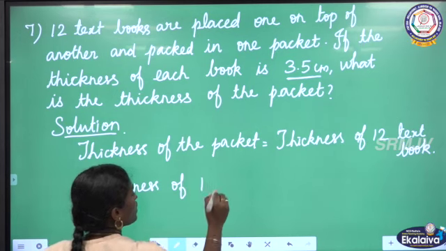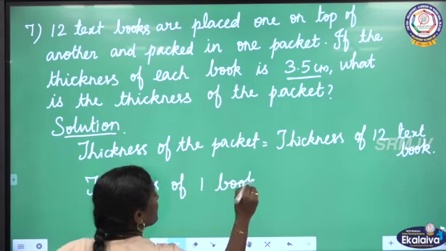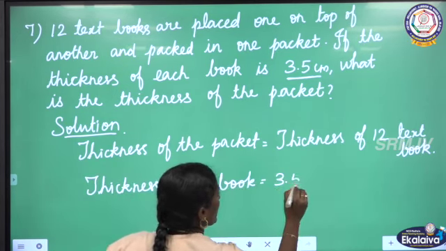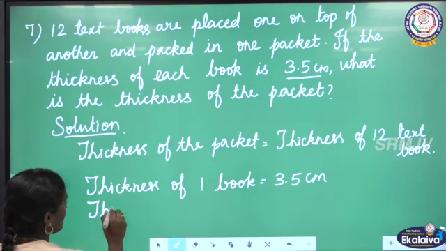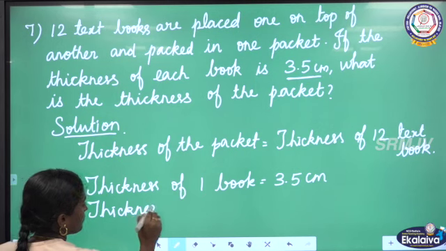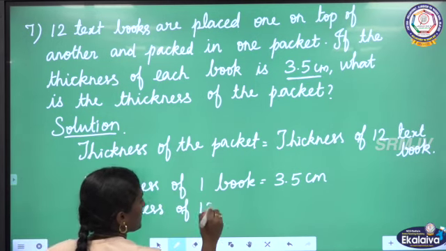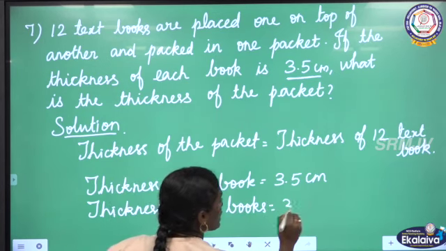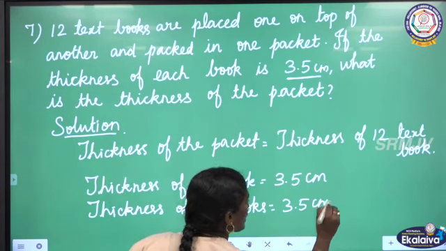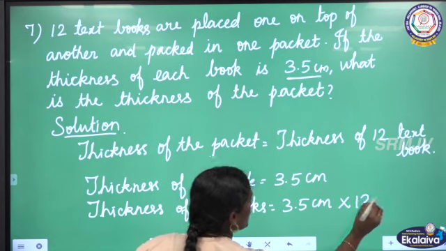Thickness of one book is 3.5 centimeter. So thickness of 12 books is equal to thickness of one book, that is 3.5 centimeter into 12.